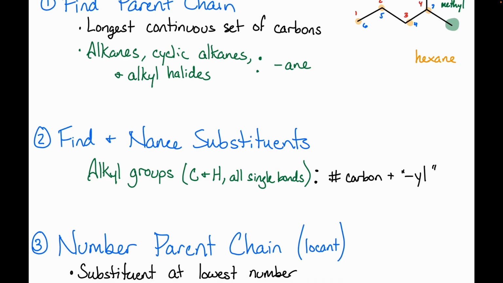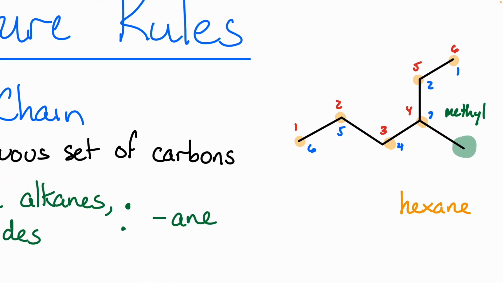So to finish off this molecule here, as we said, we're going to pick that blue numbering scheme, giving that methyl group the lowest number. So this would be 3-methylhexane, all one word, all run together, no spaces in your name.